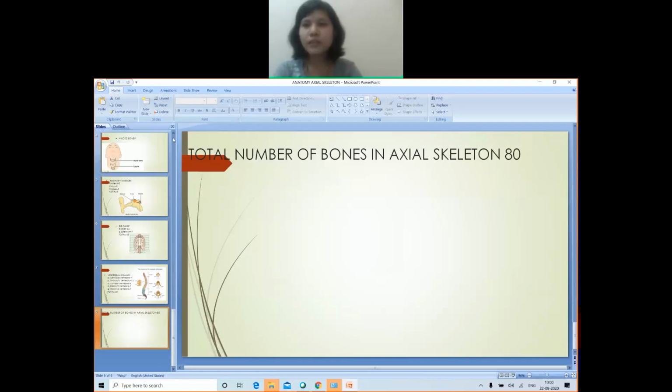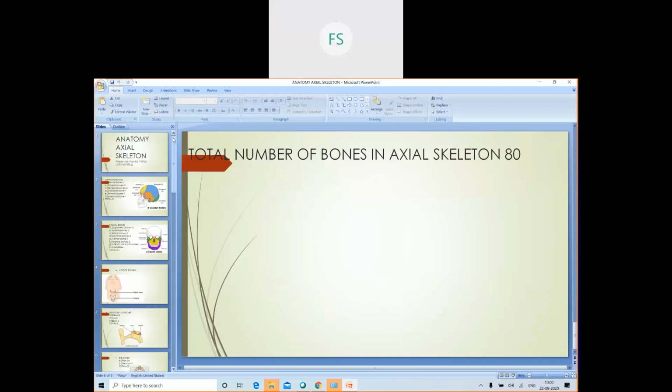It's written here. Can you see it? 80 all together, starting from your cranial bones, facial bones, all of this. If we add all the bones together, you have 80 axial bones. In the next class, we will discuss appendicular bones.